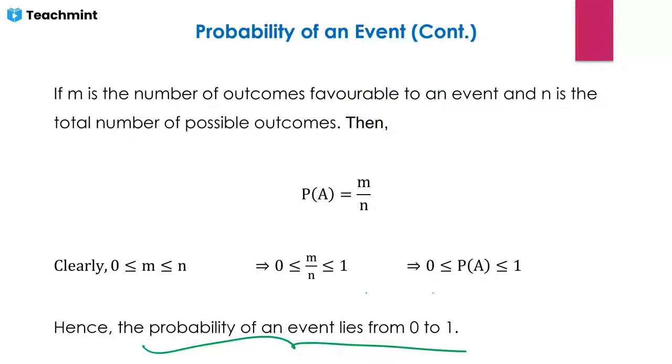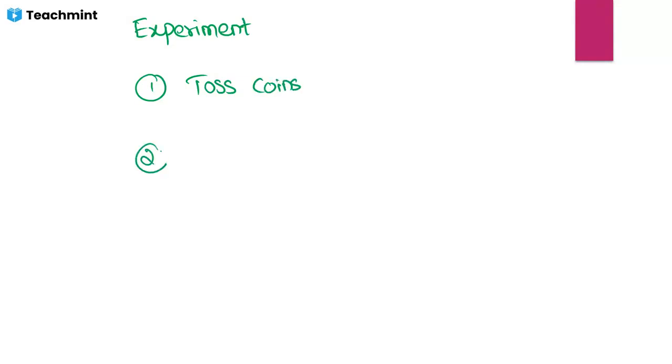Okay. Now, what we are focusing on in this topic is, see, we are doing a lot of experiments. The questions may be related to all these experiments, like tossing a coin. You toss 5 coins or 3 coins or 4 coins, or roll a dice. It may be one dice you roll, or 2 dice or 3 dice.